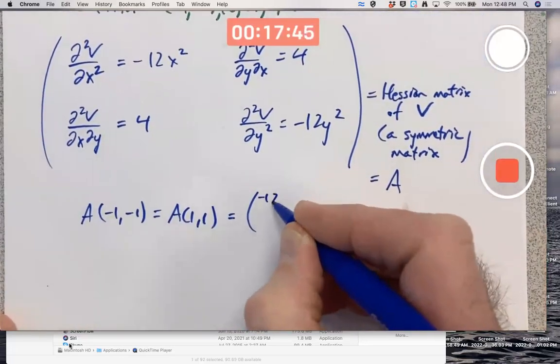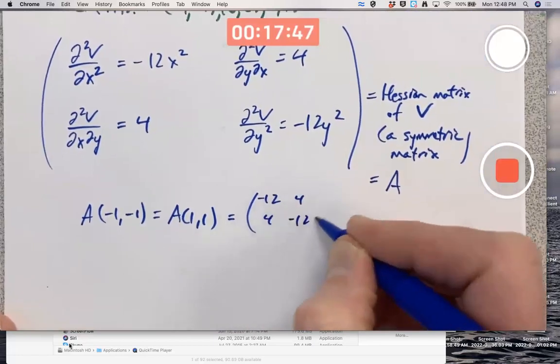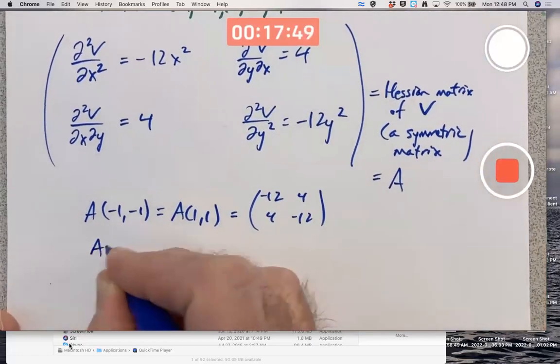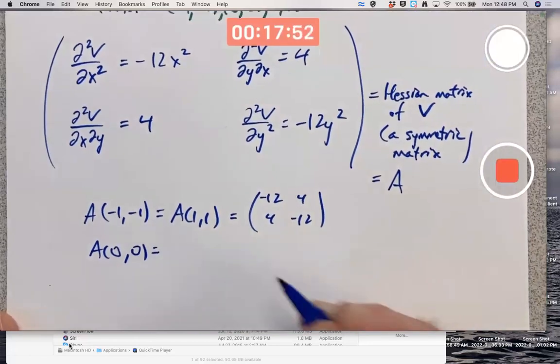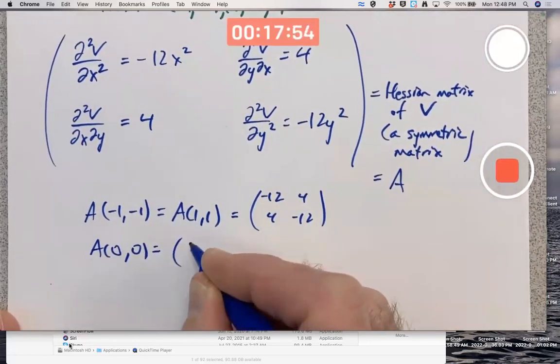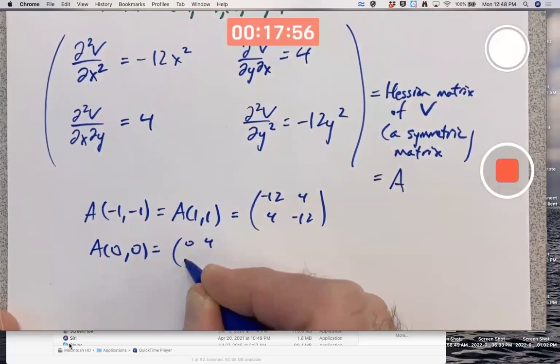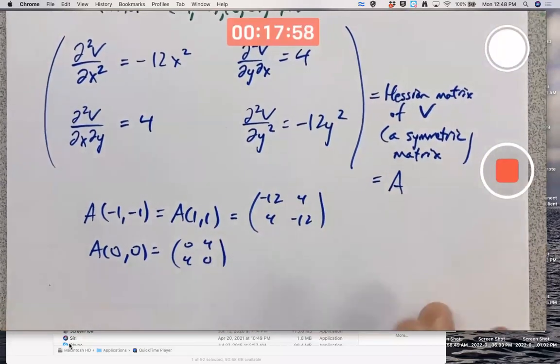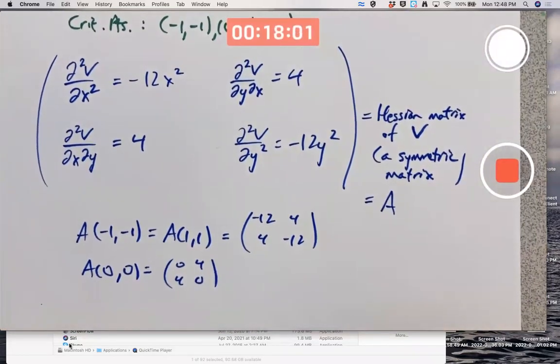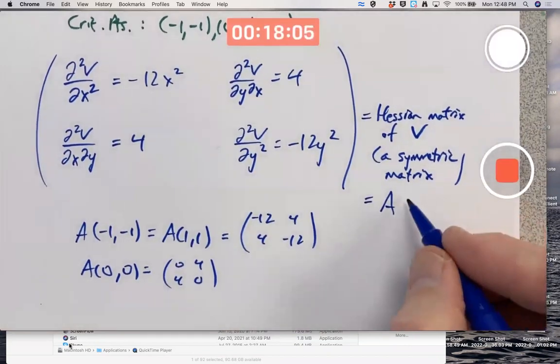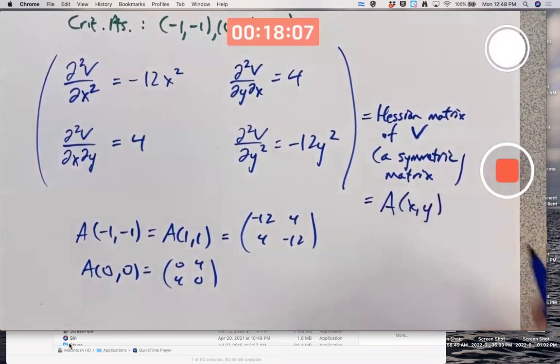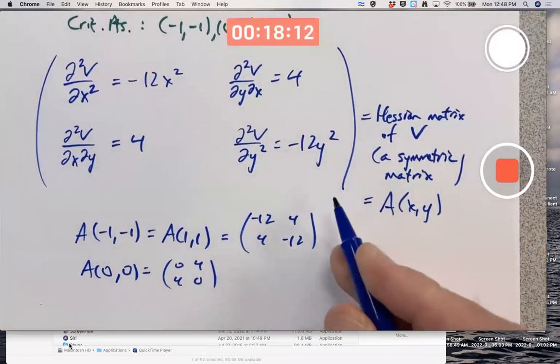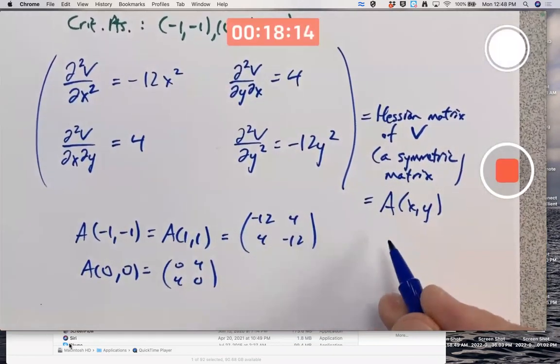I'll get -12, 4, 4, and -12. If I plug in 0, 0, what will I get? I'll get 0, 4, 4, 0, right? Plugging the critical points of the function v into this matrix A as if it's a function of x and y, which it is. Really, it's a matrix valued function of x and y. Weird, but true.